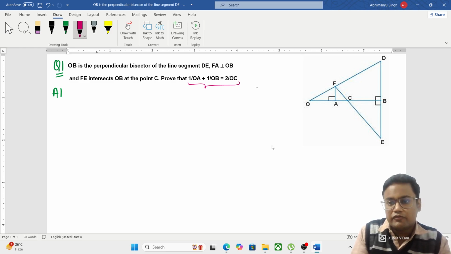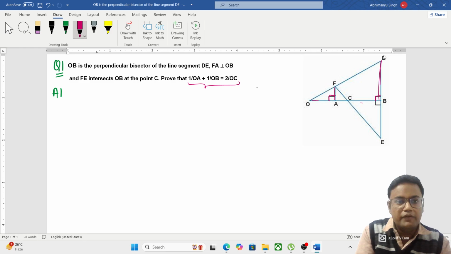So you know that children, what is given to you? FA is perpendicular to OB and DB is perpendicular to OB as well, right? Because it is written that OB is perpendicular bisector and FA is perpendicular to OB. So in triangle OFA and triangle ODB, see these two triangles.